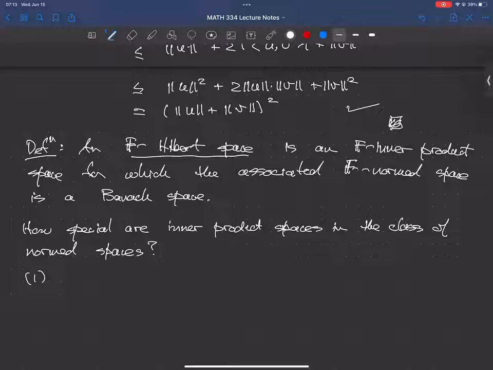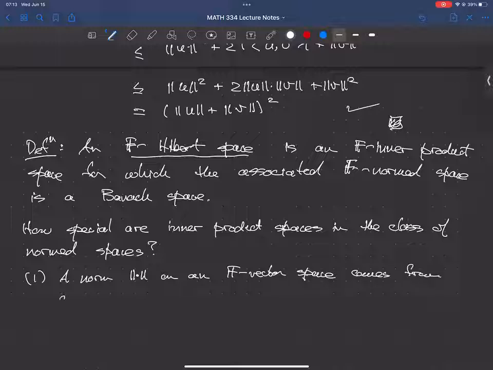Okay, so one fact is this, that a norm on an F vector space comes from an inner product, okay? And so by that, just to be clear, I mean this.